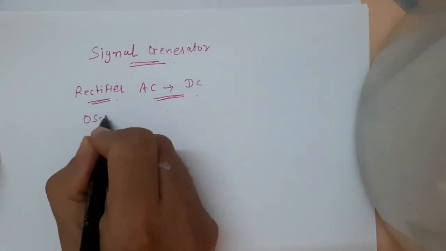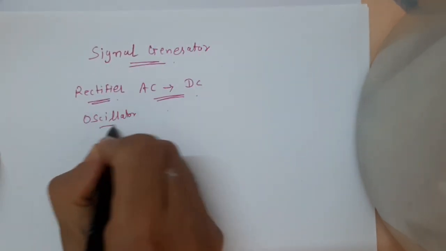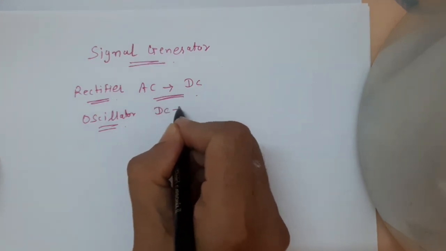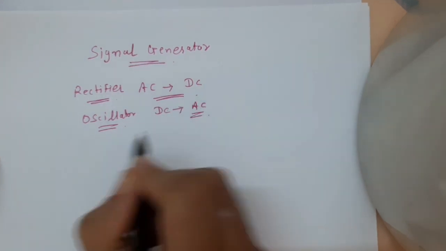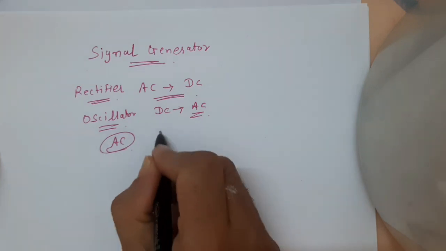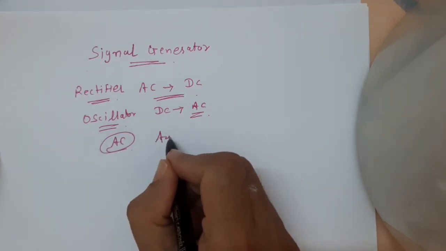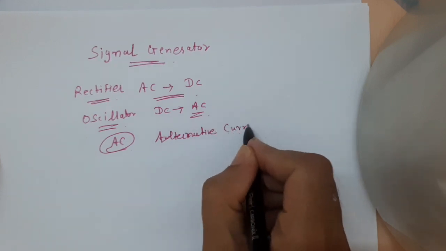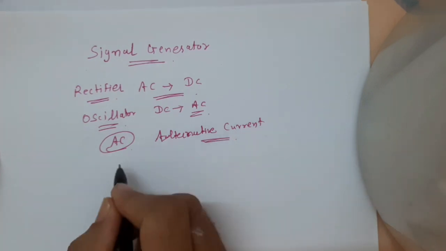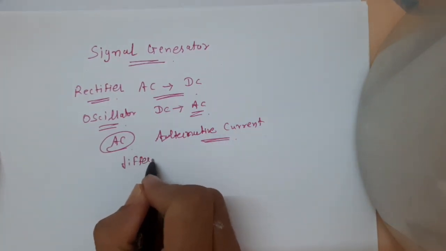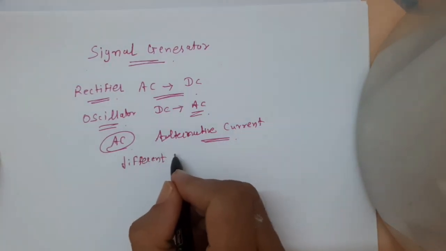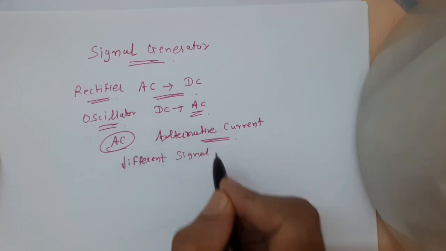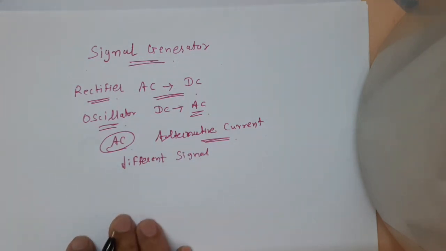With the help of an oscillator, we convert DC into AC. AC means alternating current. So we can get different signals with different frequencies.